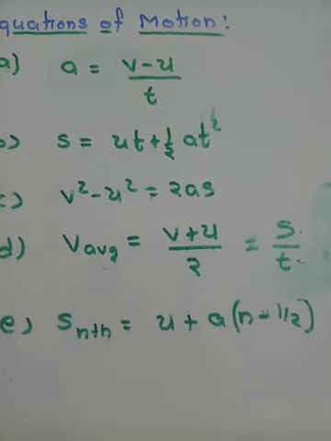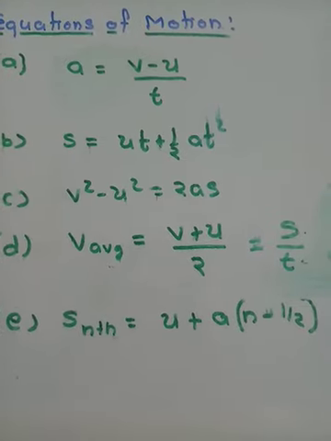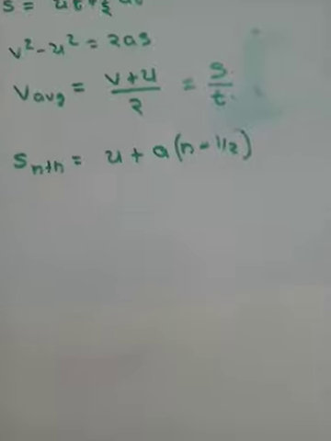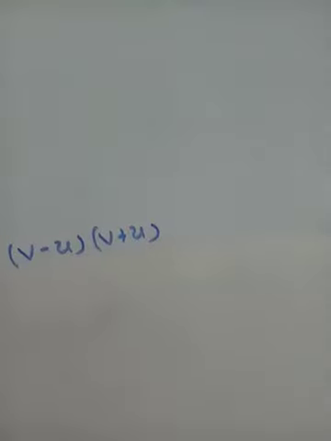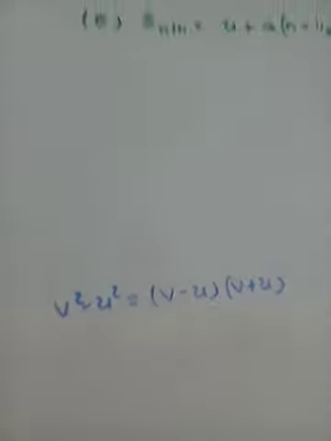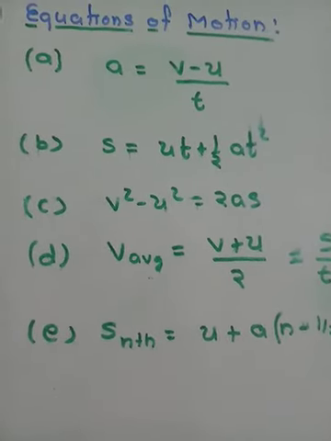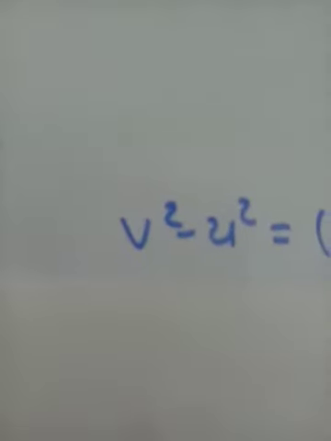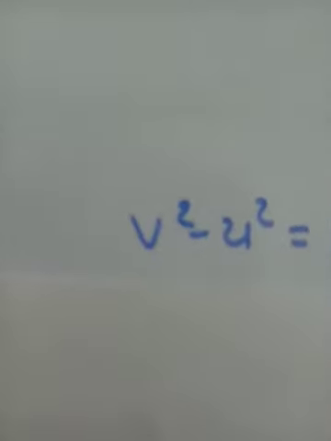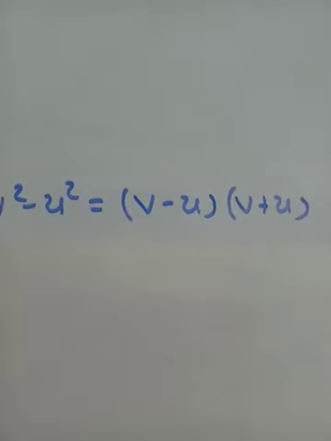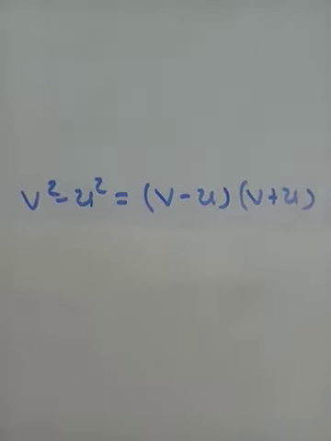Now coming to the other derivations, say the derivation of v square minus u square is equal to 2as. It's v square minus u square. The first step is to factorize this: v minus u, v plus u.